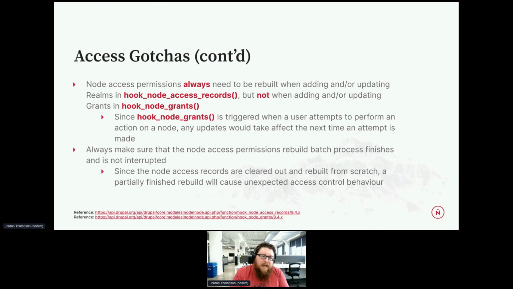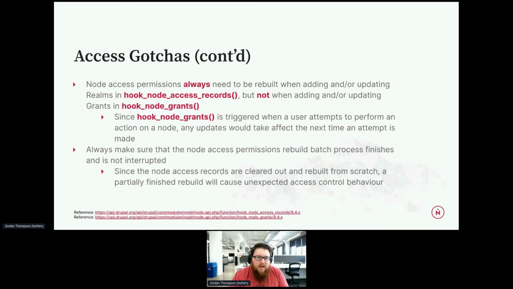Maybe you only added a new hook node access record for a subset. Say they're a certain content type and you only need that one content type rebuilt, then that's maybe your go-to as opposed to re-rolling everything, just to make sure that it finishes and it's all updated.